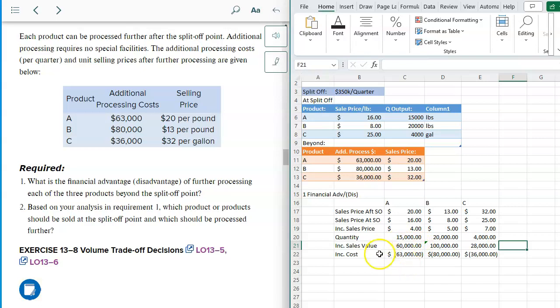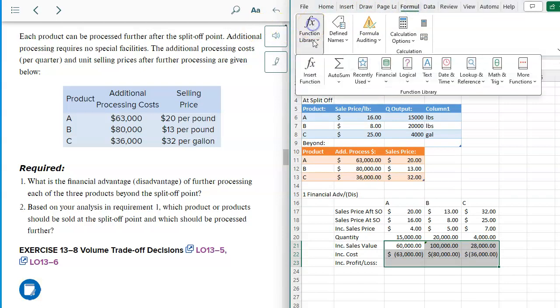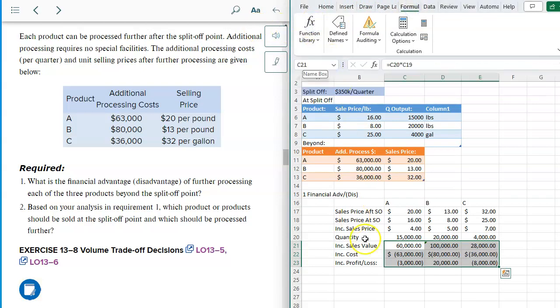We have our incremental costs, and now we can go ahead and find out that profit or loss. Okay, so auto sum those down, and this is going to give us our profit or loss.